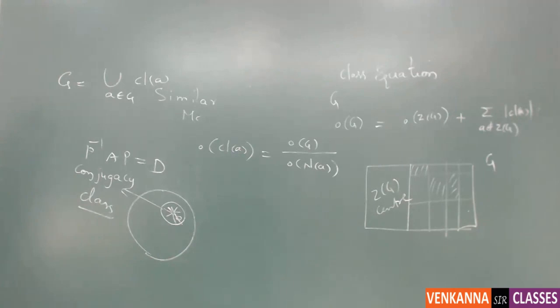Okay. So is it clear for everyone what is a conjugacy class, what is the class equation, and how many elements will be there in a conjugacy class? Please tell. What is meant by a conjugacy class and what is meant by a class equation?